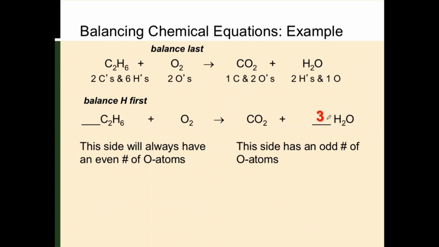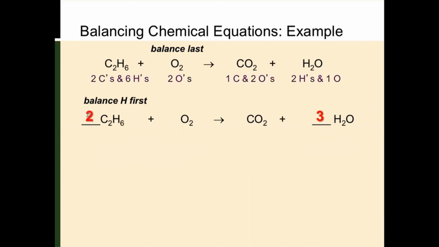The number for our waters must be an even number, which means we're going to need to change the number of ethanes. So we'll need to have 2 ethanes and 6 waters.